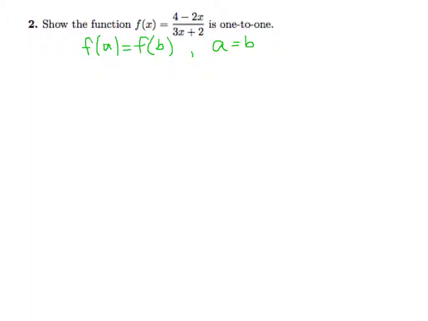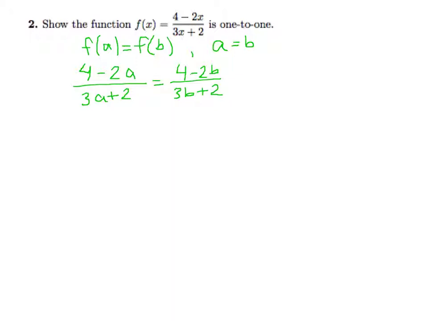So let's first start by setting these equations equal with a and b. So 4 minus 2a divided by 3a plus 2 equals 4 minus 2b divided by 3b plus 2. And we're going to try to show that a equals b.